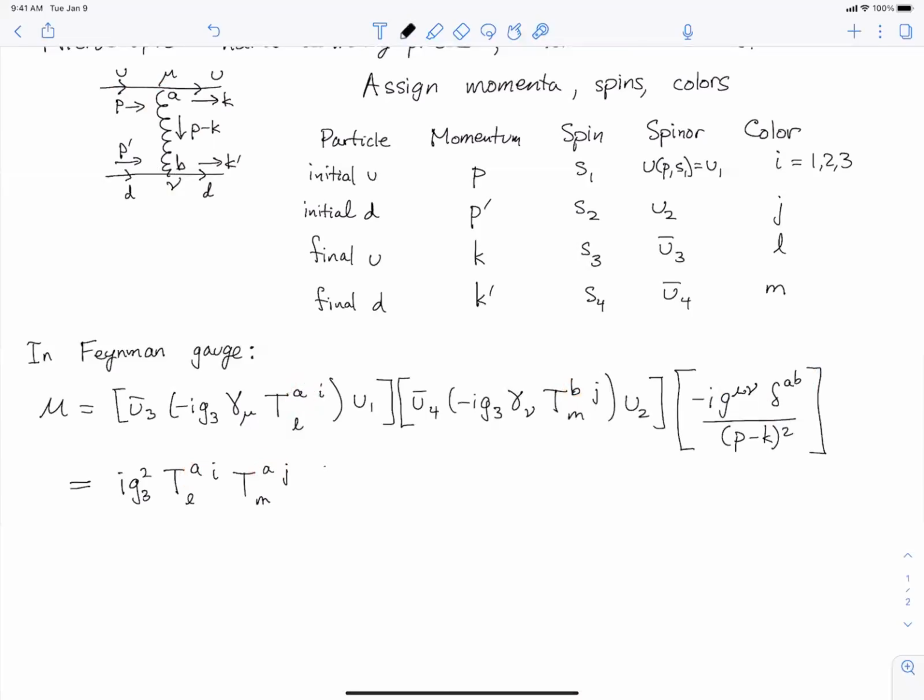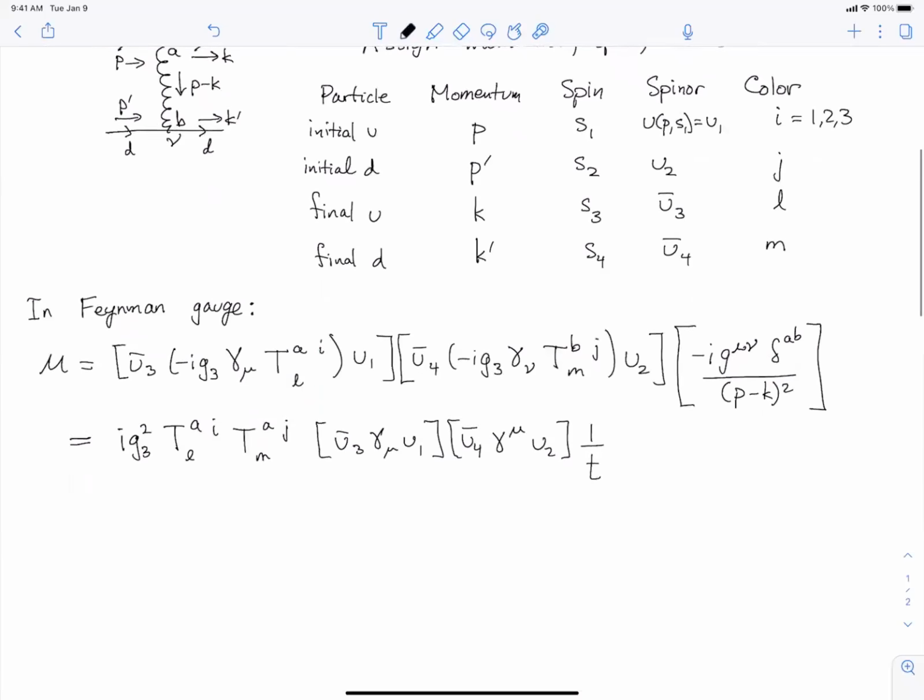Okay, and then the rest of it looks exactly like QED for, let's say, e minus mu minus scattering. So we're going to be able to exploit that fact to save us some labor. There's a 1 over t, a Mandelstam t, there.